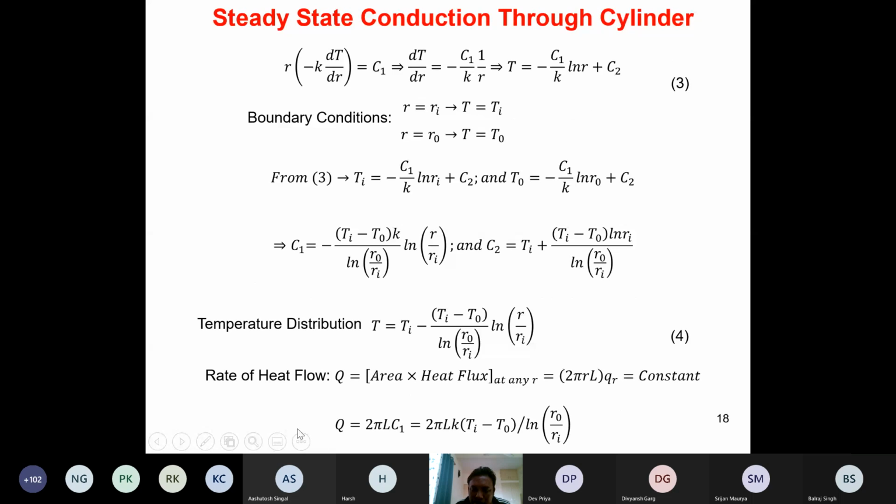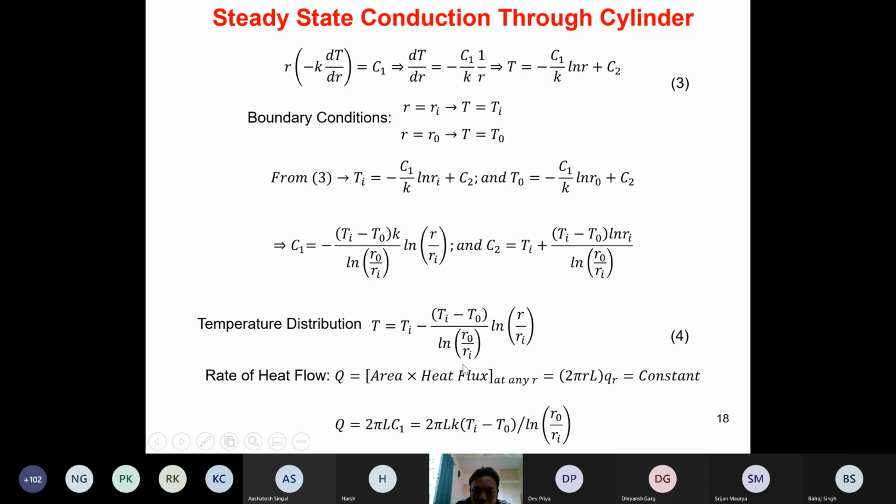So we can put r qr as C1, and the remaining is 2 pi L. So 2 pi L C1 is nothing but the total rate of heat flow Q, given as 2 pi L C1. C1 we have already obtained from the boundary conditions.